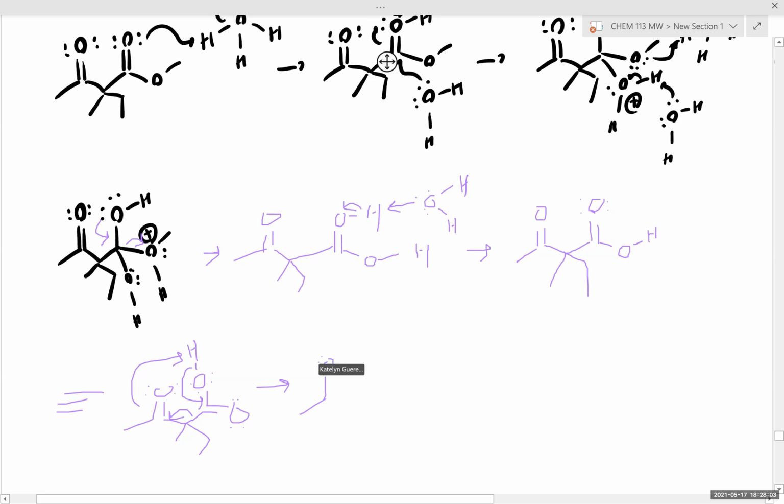So now that we have the enol tautomer, we're not really going to isolate the enol tautomer in practice. Instead, this enol tautomer will tautomerize under the acidic reaction conditions to the more stable keto tautomer.